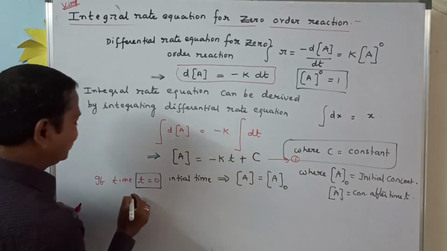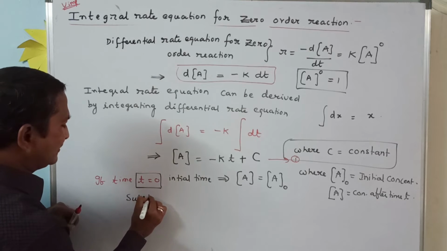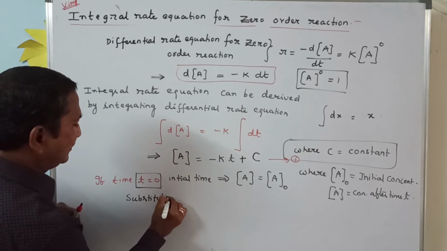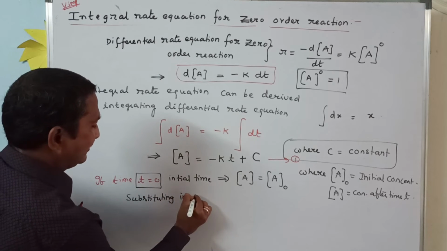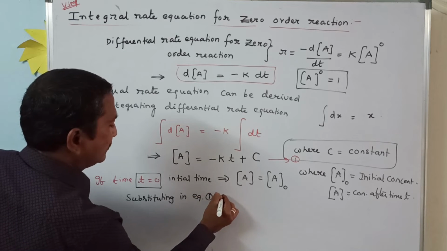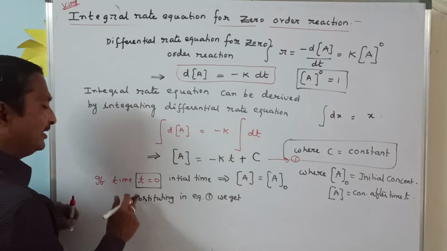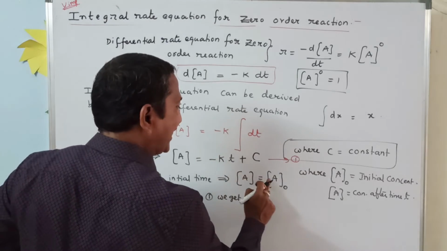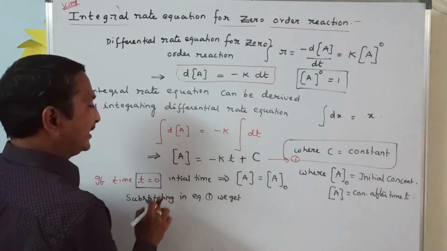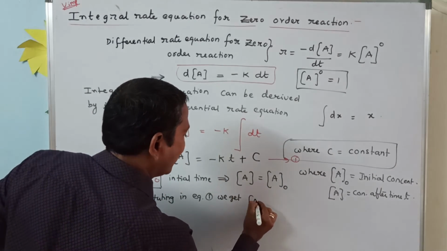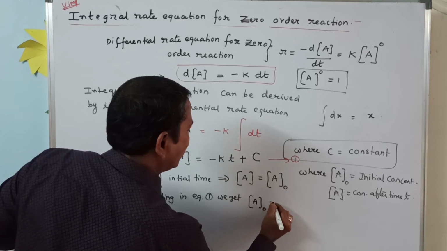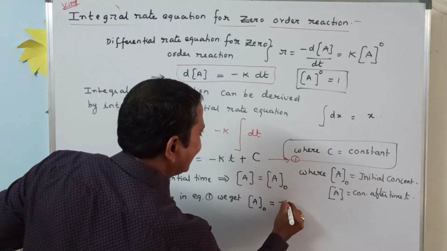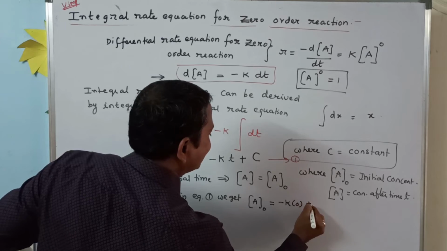Substituting these two in equation 1 we get, clear all of you? At t equal to 0, [A] is equal to [A]0. So [A]0 is equal to minus k into 0 plus c.